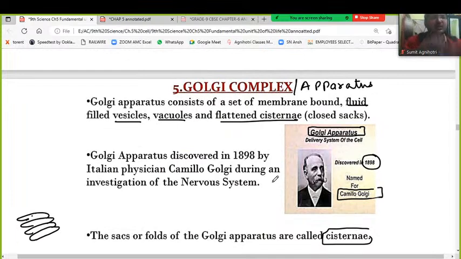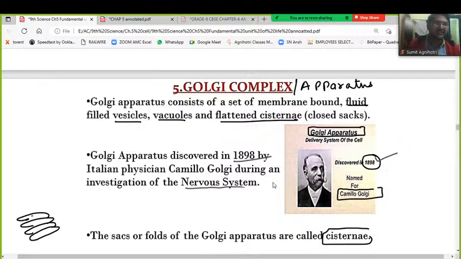Then we have one more cell organelle known as the Golgi body or Golgi apparatus. It was discovered by the scientist Camillo Golgi in 1898 and named after him. The Golgi apparatus was discovered in 1898 by Italian physician Camillo Golgi during an investigation.